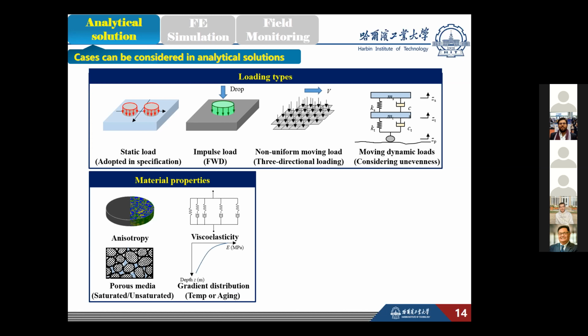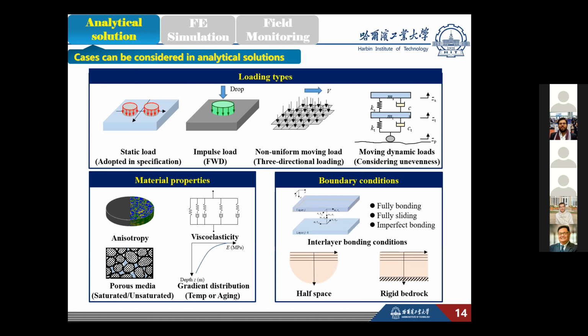As for the material properties, elasticity, viscoelasticity of asphalt layers, transverse isotropy due to pavement compaction, saturated or unsaturated porous medium considering the existence of moisture, and modulus gradient induced by temperature field or aging effect could be considered.